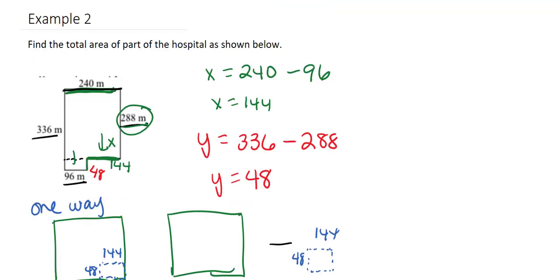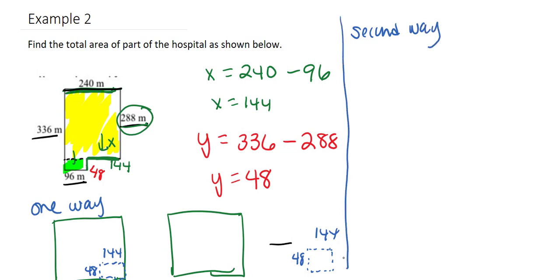We could solve for this top half, then solve for this little part and add those together. Notice we could do either way. You could do the first method or the second method. Either way will work and get us to the right solution.